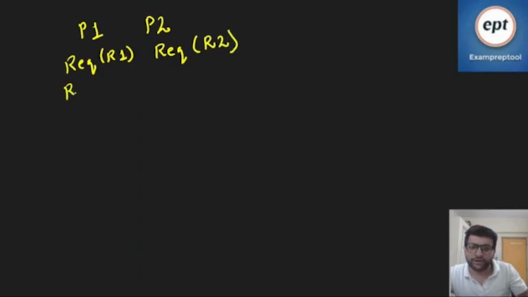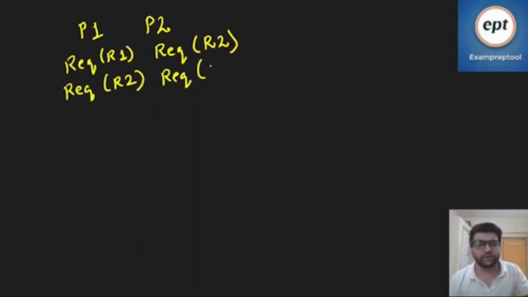Let's say P1 requests the resource R1 and P2 requests the resource R2. Now P1 requests the resource R2 and P2 requests the resource R1.